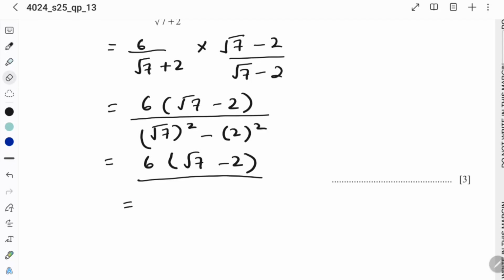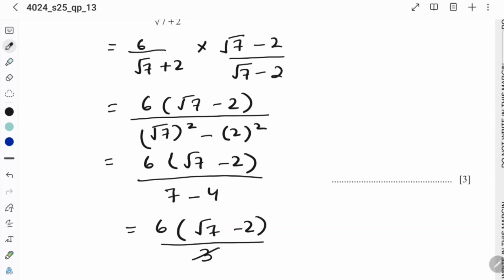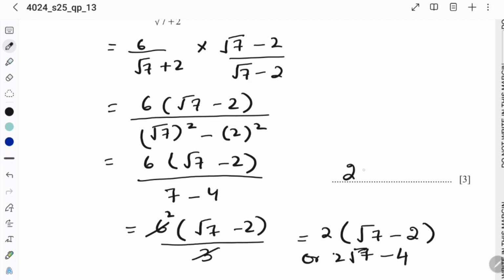It is 7, it remains 7. Please don't make this careless mistake. 7 minus 4 equals 3. So this is 6 times square root 7 minus 2 divided by 3. You can cancel, and it is 2 times square root 7 minus 2, or 2 square root 7 minus 4.